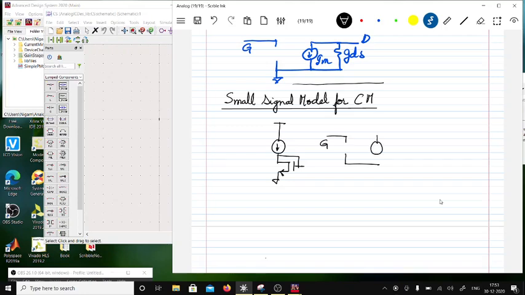And then I have this GM, and I have shorted the gate to the drain, and this is grounded. The same is the situation if I reverse it. So if I reverse it, this would look like this. In this case, this is the source, this is the drain, this is the gate.